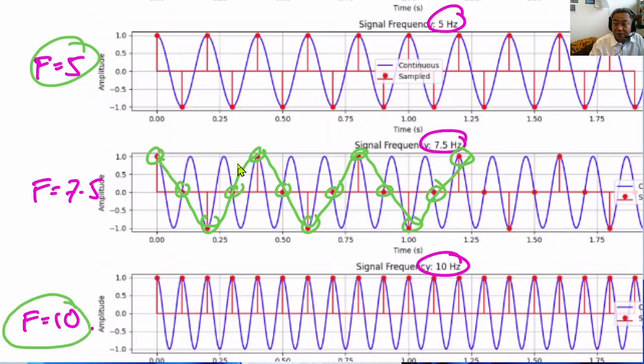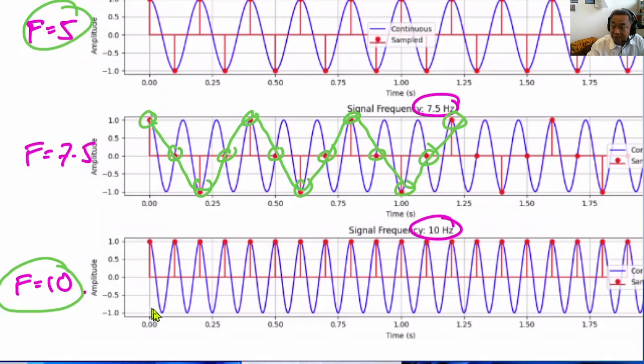For f equals to 10, it's even worse. You will see that the blue line is the continuous signal of 10 cycles per second. So in 1 second, you can count that there are 10 cycles. And when we are sampling with fs equals to 10, we are sampling at 0, 0.1, 0.2, 0.3.